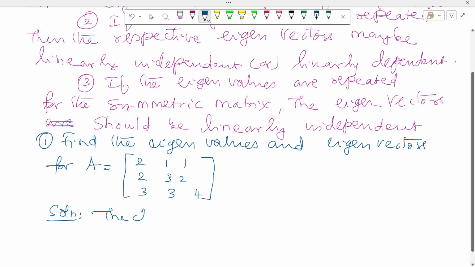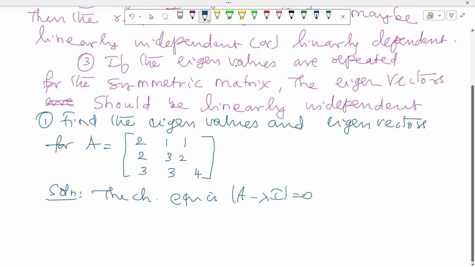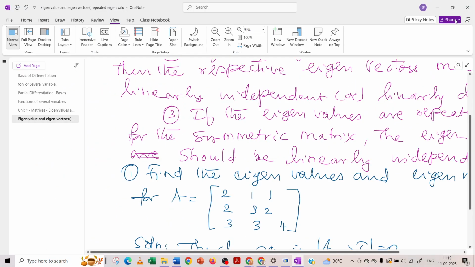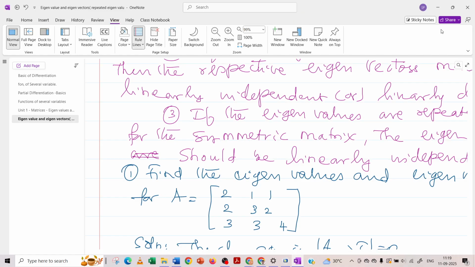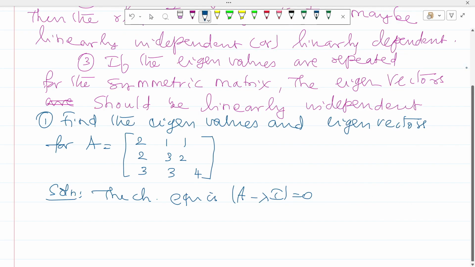The characteristic equation is mod A minus lambda I equal to 0. That is lambda cube minus A1 lambda square plus A2 lambda minus A3 equal to 0.